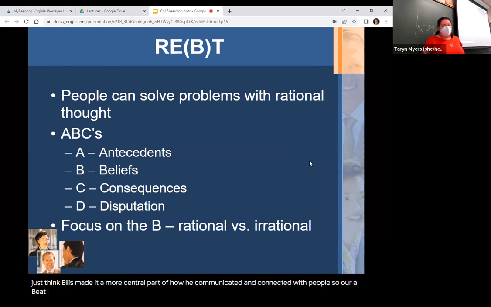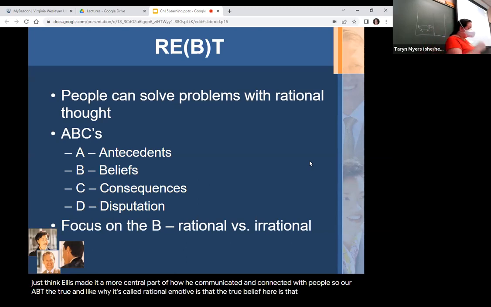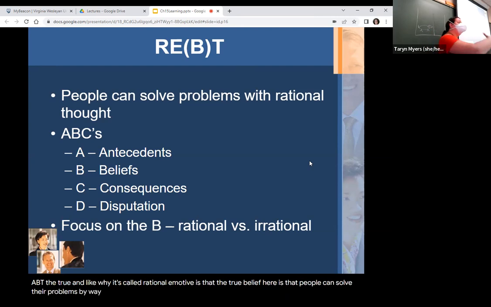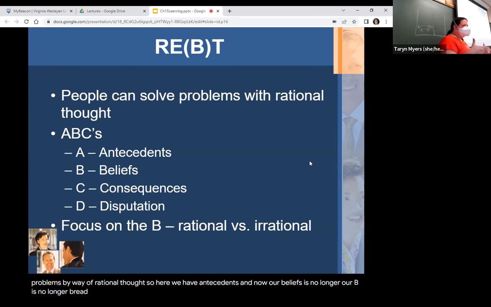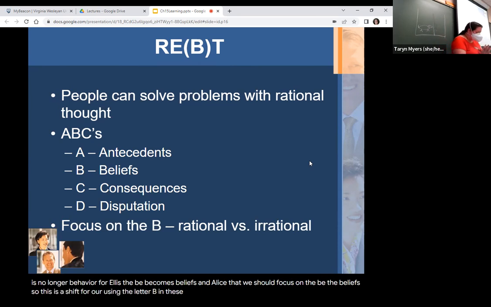So with REBT, the reason it's called rational emotive is that the true belief here is that people can solve their problems by way of rational thought. So here we have antecedents. And now our B is no longer behavior. For Ellis, the B becomes beliefs. And Ellis said we should focus on the B, the beliefs. So this is a shift in how we're using the letter B in these models.